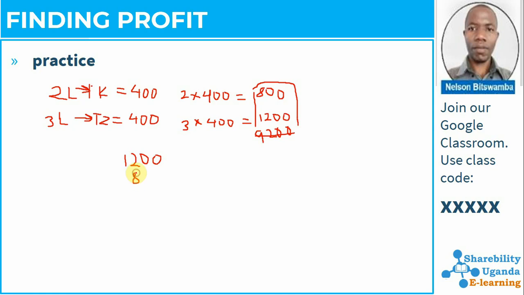So when you put a value in a different place value, you are likely to get the wrong answer. So we get a 0, we also get a 0 here. What is 2 plus 8? We get 10. Write 0, carry 1, where 1 plus 1 shall be 2. Alright, so that means this person was able to pay 2,000.